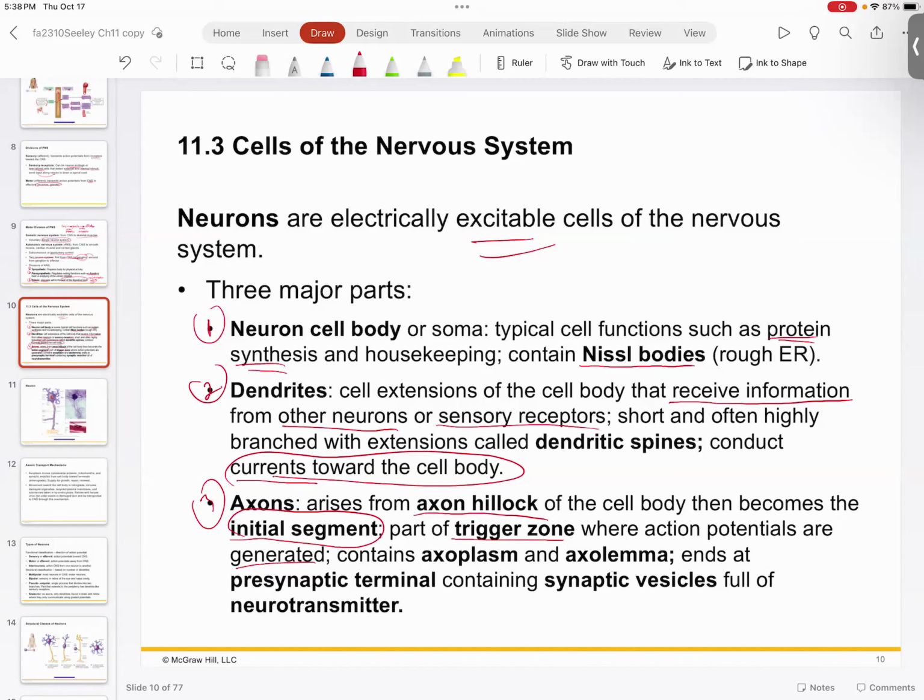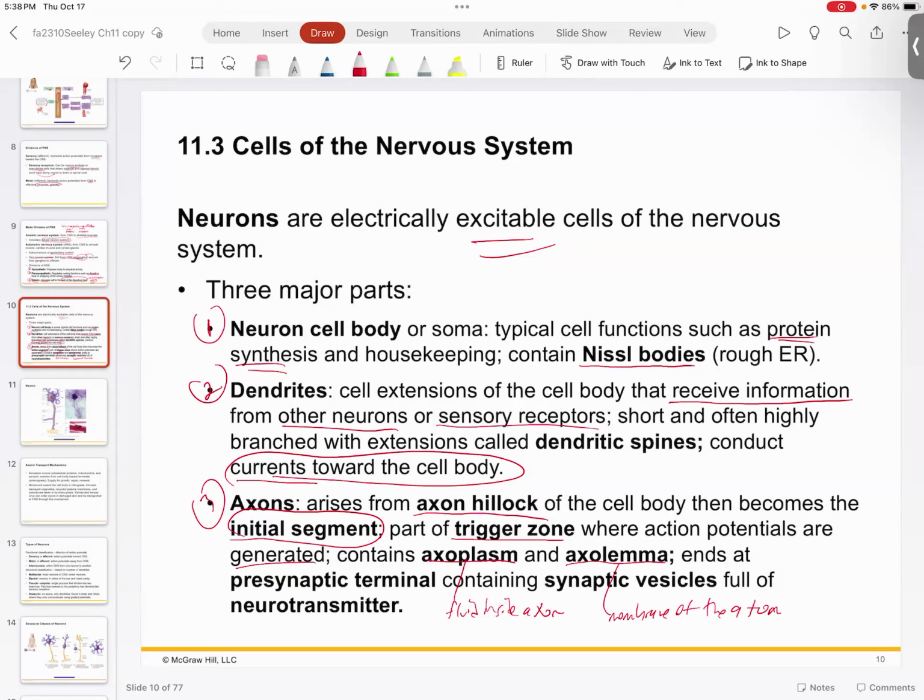Now, the axoplasm is the fluid inside the axon, and the axolemma is the membrane of the axon. Remember when I said the muscle people had their own names for everything? Sarcolemma was the plasma membrane of the muscle cell. It's similar with neuron people.